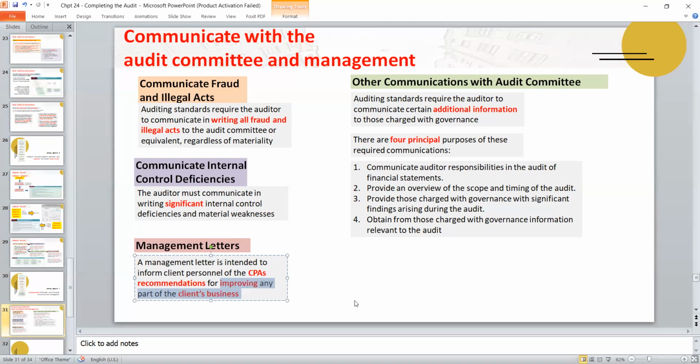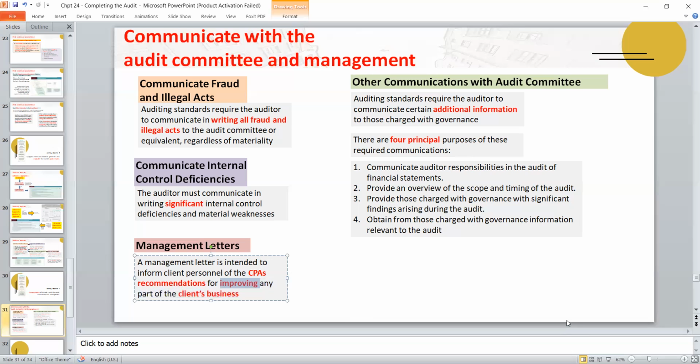So as you can see, the clients not only hire the auditor for financial statement assurance, but the CPA also can give recommendations to improve their business, to correct the incorrect system, to discover fraud.